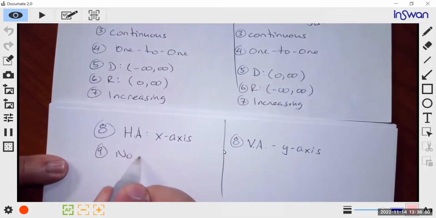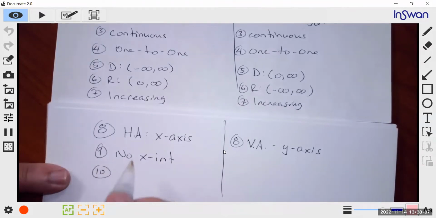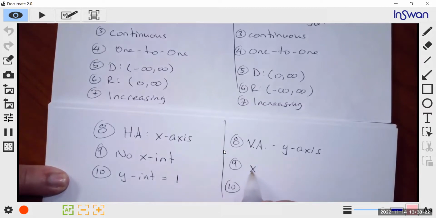So the exponential function has no x-intercept, and the y-intercept is always at 1. The x-intercept of the logarithmic function is at 1, and it has no y-intercept.